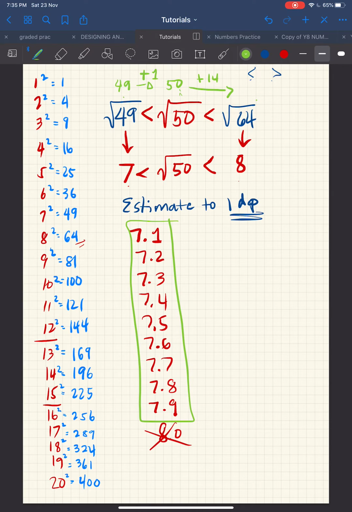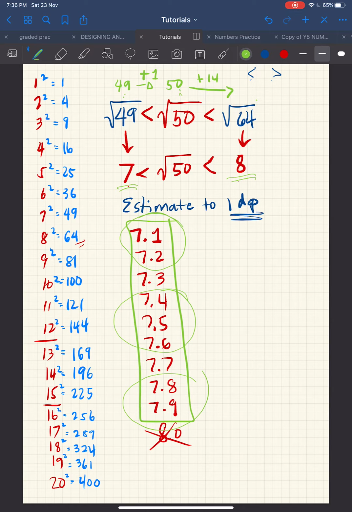Where will you say the square root of 50 will be? Will it be closer to the square root of 49, which is 7, or closer to the square root of 64, which is 8? Will it be in the middle, or around 7.9, 7.8?